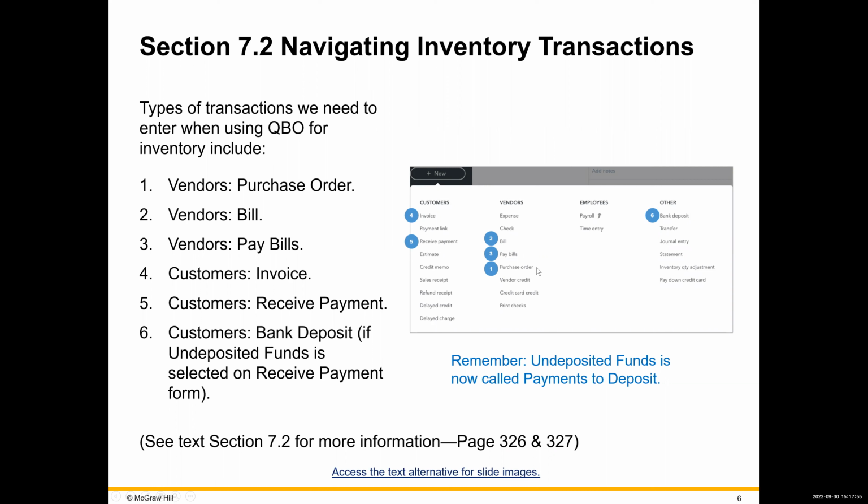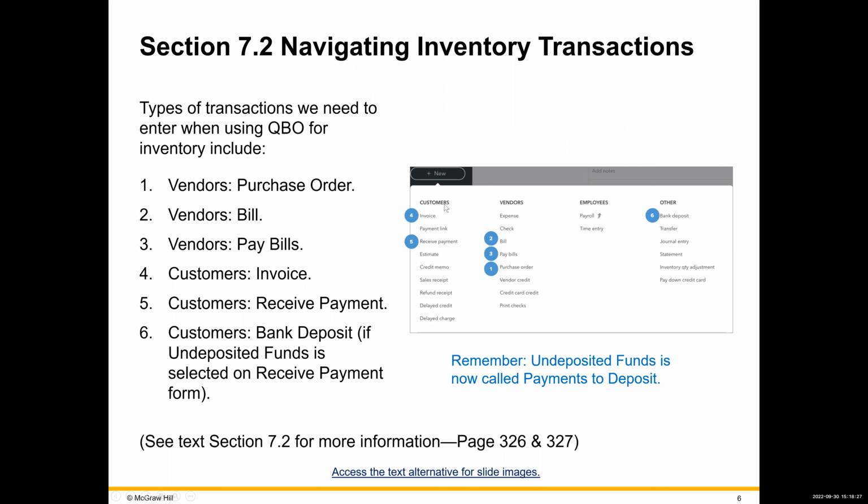Once they fill it, they'll send us a bill. If we receive the goods, we better check that first. If we receive the goods, then we'll enter that bill as a liability, that's accounts payable. And then once it comes due, within, let's say, 30 days, we'll use pay bills to pay that bill. That's the vendor side and accounts payable side.